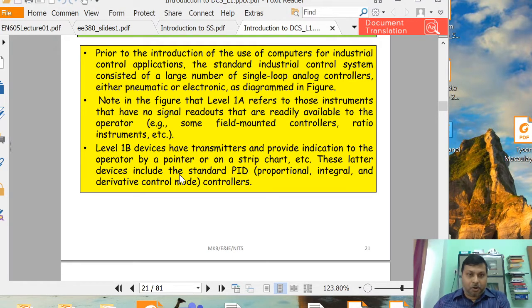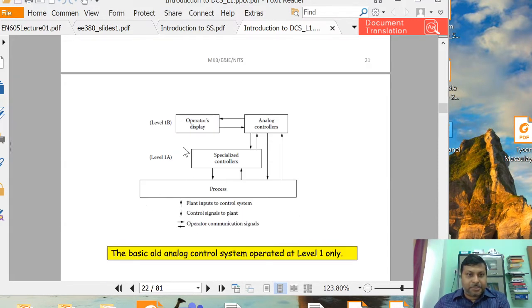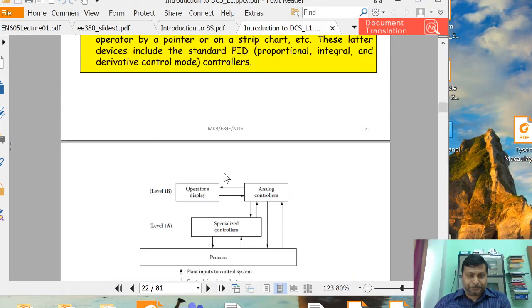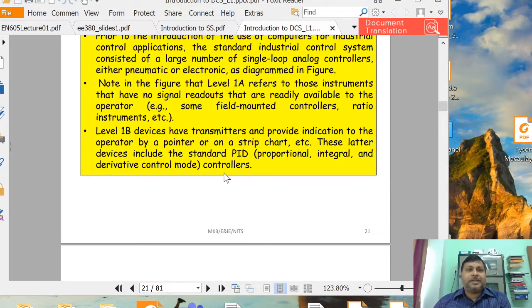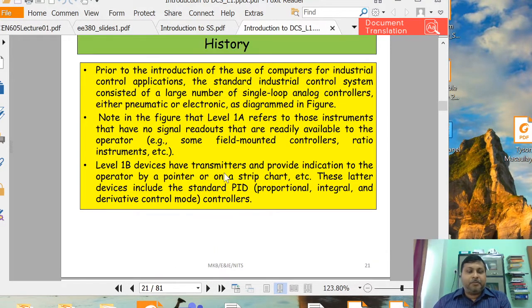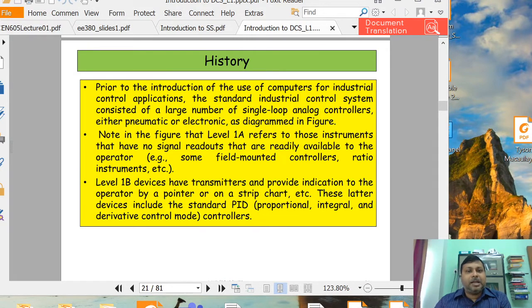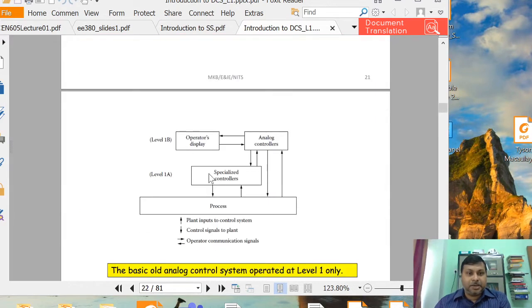Some field mounted controllers, means the instruments used in level 1A, do not have any capability to transmit the signal. Means for the operator no signal readouts are there.